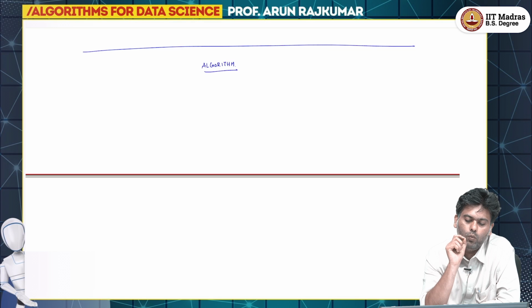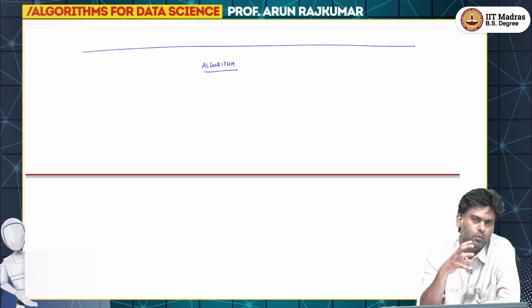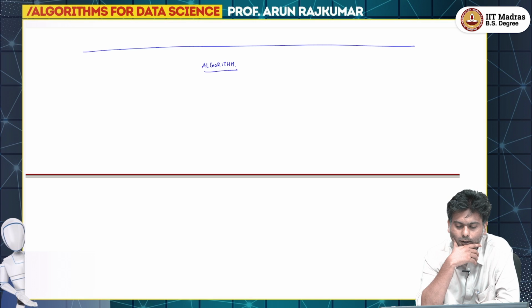But here what we are going to do is look at a hypothetical algorithm. I will talk about all these practical algorithms a little later, and connect them to the hypothetical algorithm.